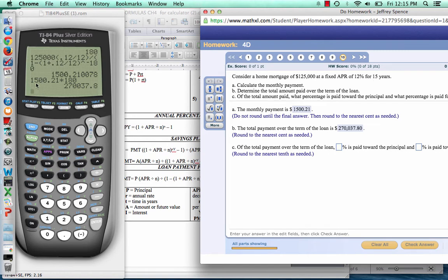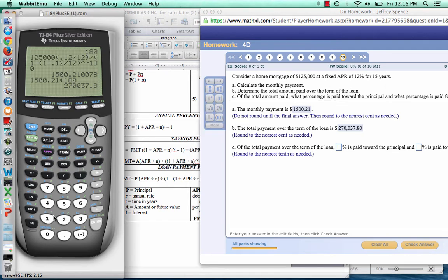So I take the 1,521.21 times the 180, which is the 12 times 15 years. Let me show you that again. You could do it this way too: 1,521.21 times the 12 monthly payments times the 15 years that we're going to pay this over, and we get $270,037.80. That's the total amount paid.